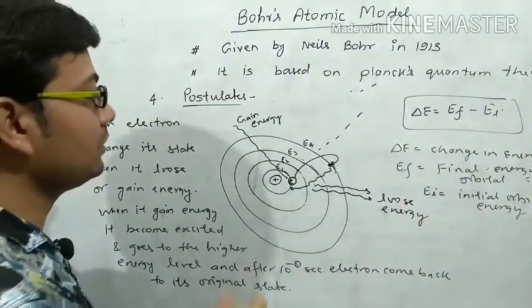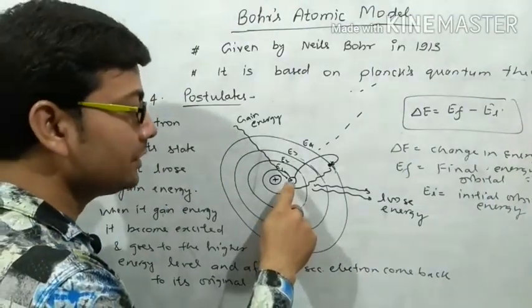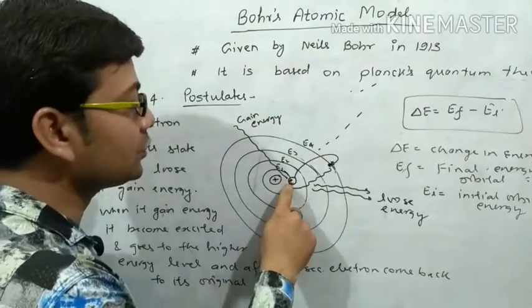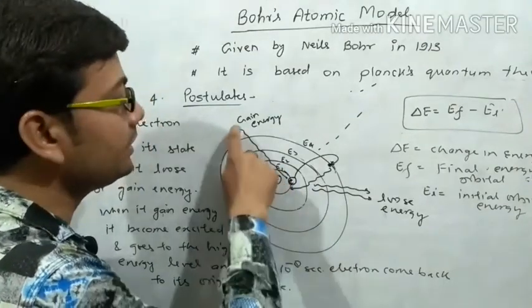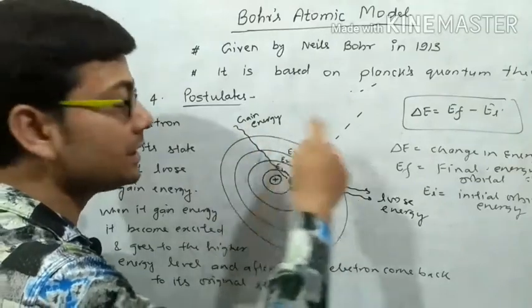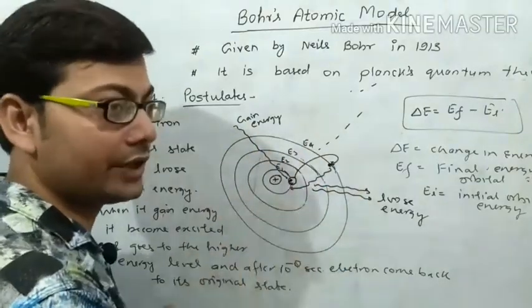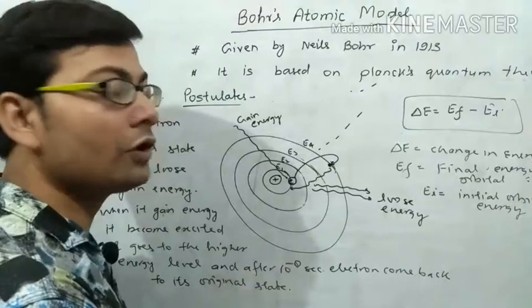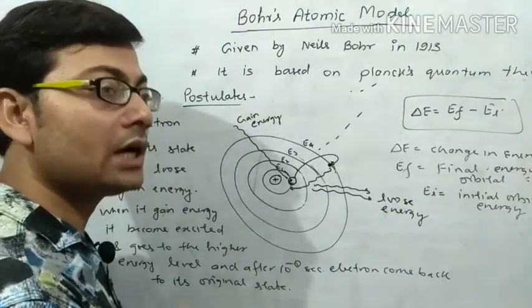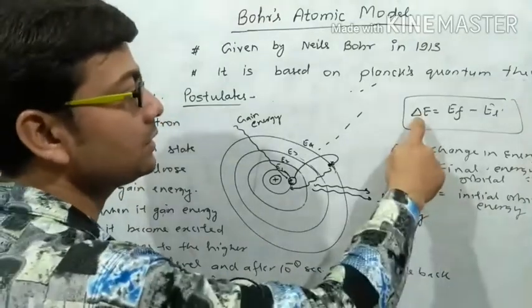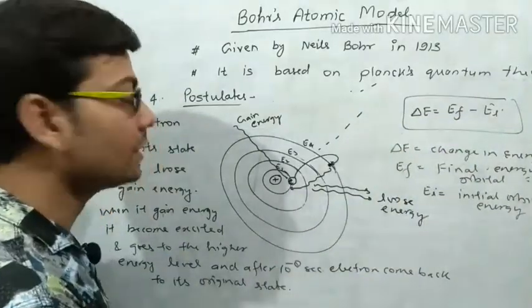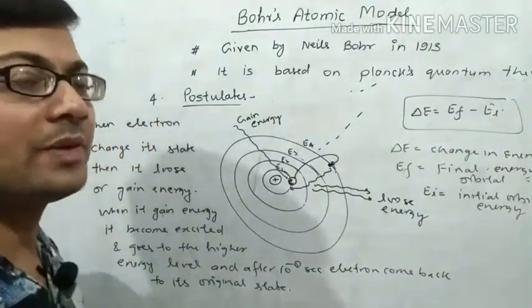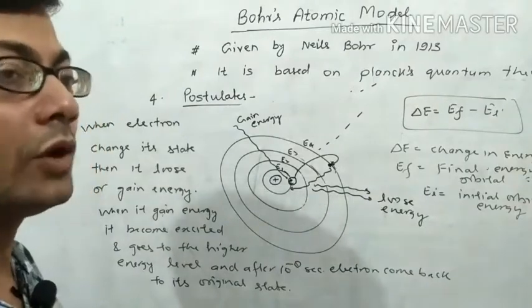Here in this case the electron is present in the first orbit and when it gains energy, it gets excited, that is the final state. The amount of energy lost or gained is delta E equal to EF minus EI, right? So this is the fourth postulate of Bohr's atomic model.